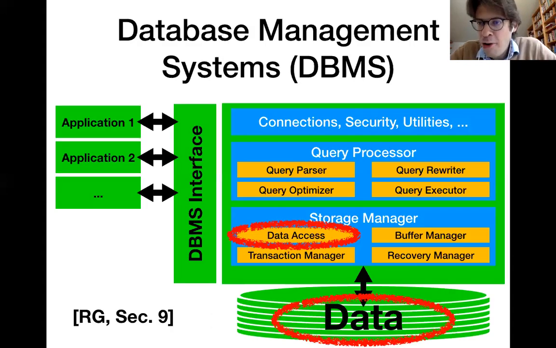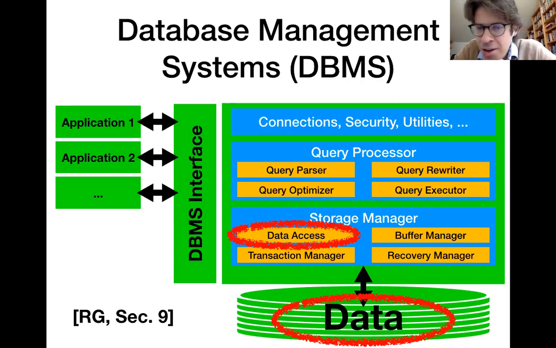So in the following, we're gonna discuss more about how we can store our data in order to make access as efficient as possible. So within this big architecture of database management systems that I have initially introduced, this concerns the data itself, the way in which we store it, as well as this component that I have named data access within the storage manager, which contains the algorithms that exploit data structures for efficient access and that handle them.